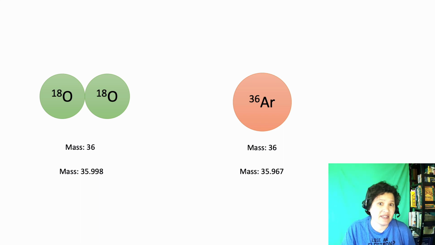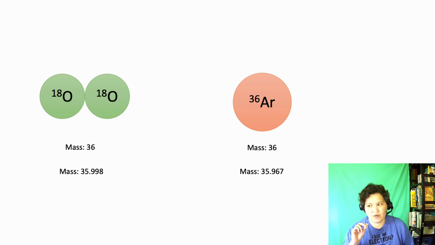So if only you had something that could measure to 2 decimal places, you would be able to tell the difference between these two molecules. And so when we say get more precise measurements, that's what we're talking about: measuring things with more precision so we can get more significant figures, and that helps us to distinguish between the two analytes.